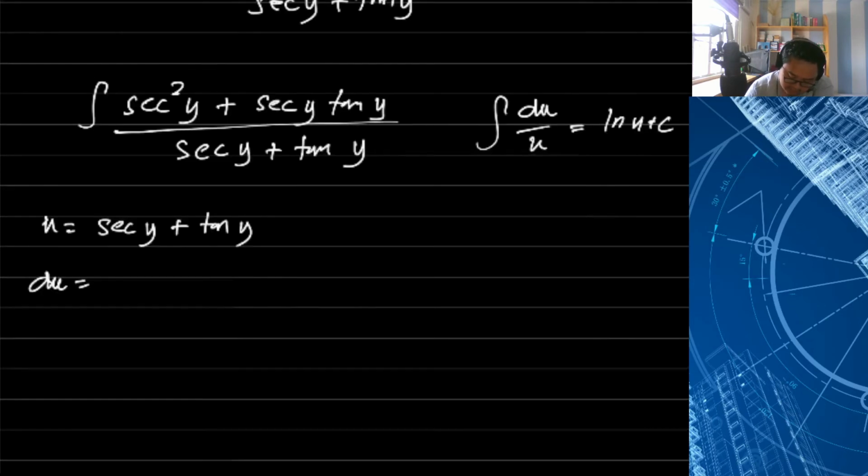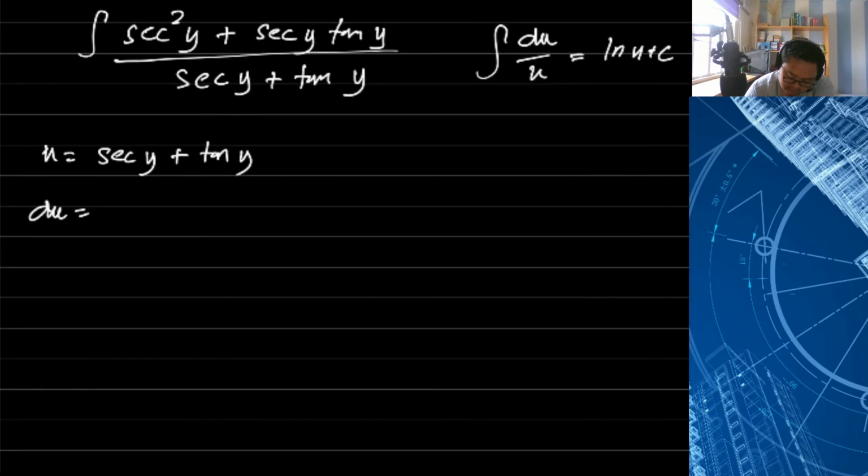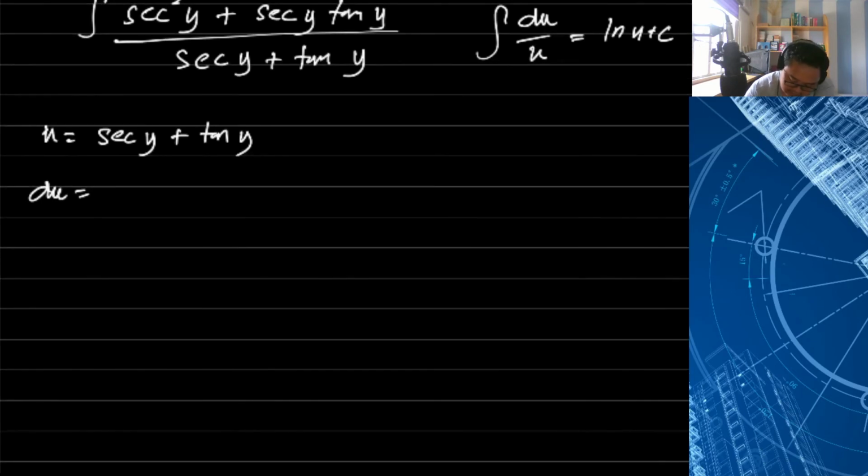Before going into that, I want to teach you to memorize basic differential functions. So remember this: sec, tan, then cosecant, cosecant, cotangent. This is just negative.